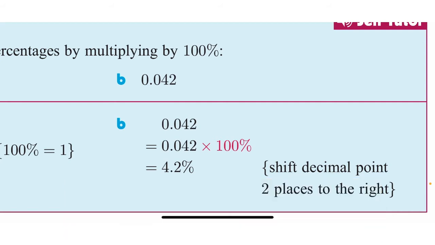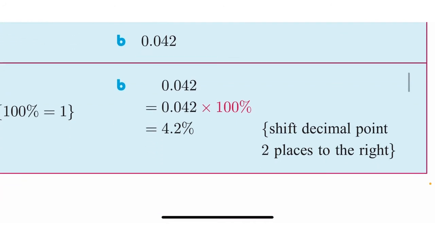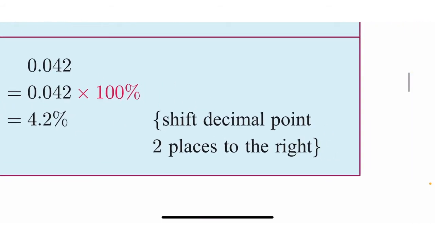So we put a decimal point between 4 and 2. It means 4.2%. Look, shift decimal point 2 places to the right, because 100 has double zero.